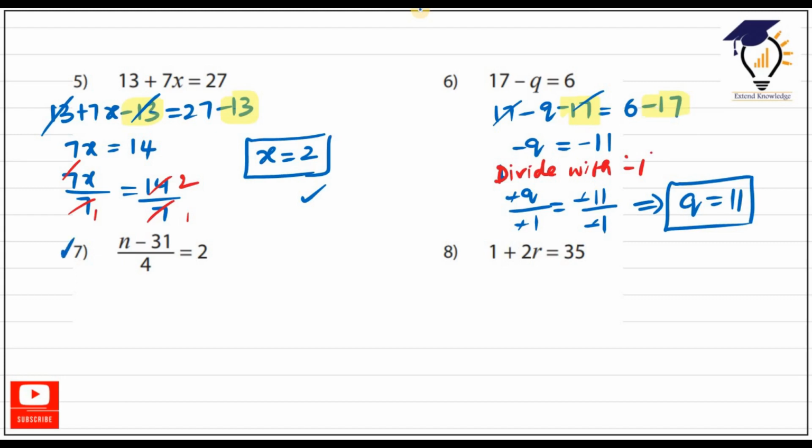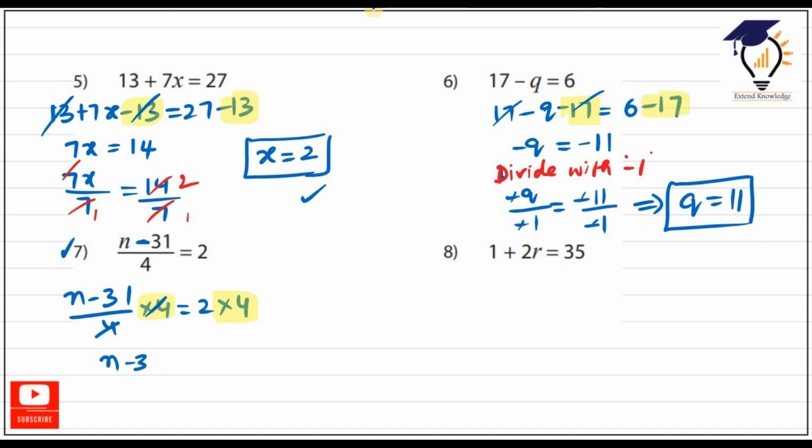And then number 7. So first thing, it is not the addition; we have to undo the operation of the rational form, which is the denominator, we have to undo first. So I am multiplying with 4 on either side. So 2 times 4. So times 4 I have done here, you can see clearly. So 4 and 4 go off.